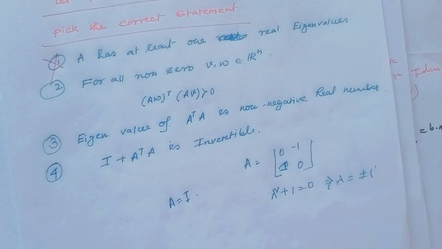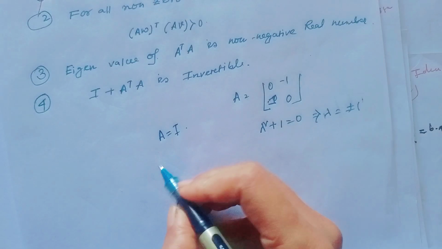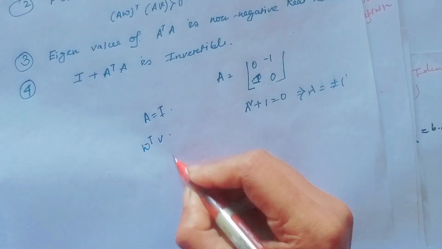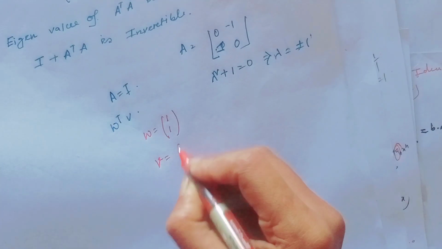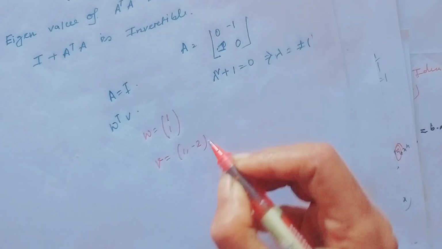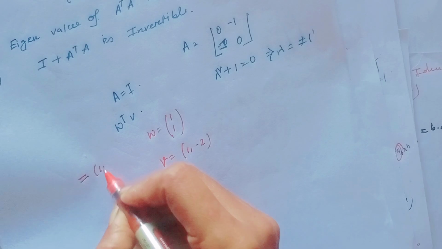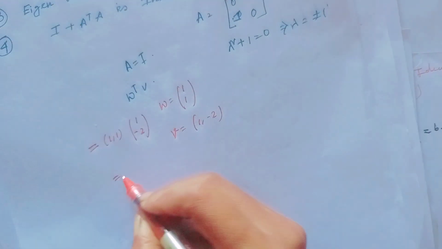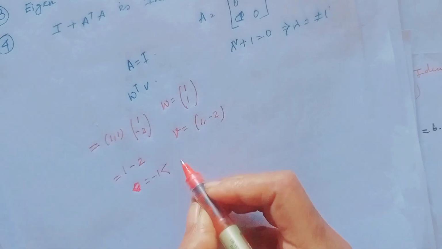If we consider A equal to the identity matrix, then it would be W transpose V. Consider W equal to (1, 1) and V equal to (1, minus 2). Then W transpose V would be (1, 1) times (1, minus 2), and this value would be 1 minus 2, which is equal to minus 1, which is less than 0.